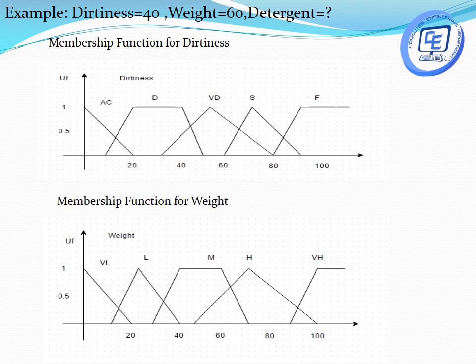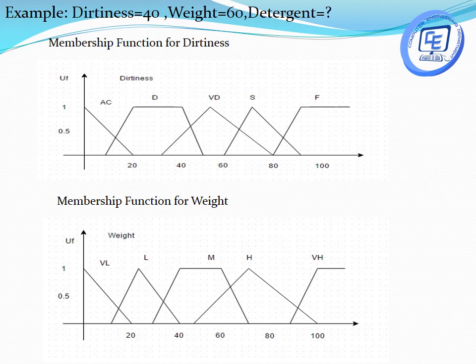On x-axis elements we can vary, but y-axis we cannot, because it is always between 0 to 1, including 0 and 1. Now for dirtiness, as we have seen in table number 1.1, we are having 5 parameters under dirtiness: almost clean, dirty, very dirty, soiled and filthy. So taking the combination of triangular and trapezoidal membership functions, we have drawn this diagram for the dirtiness.